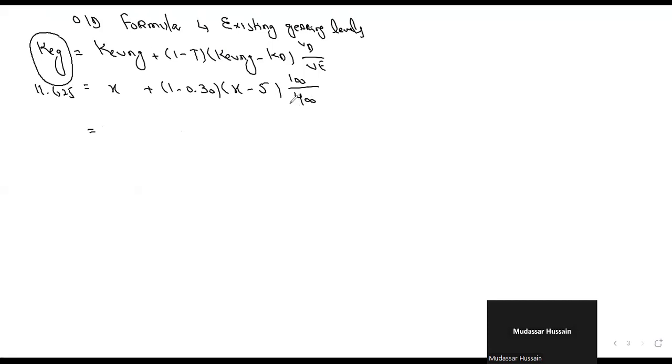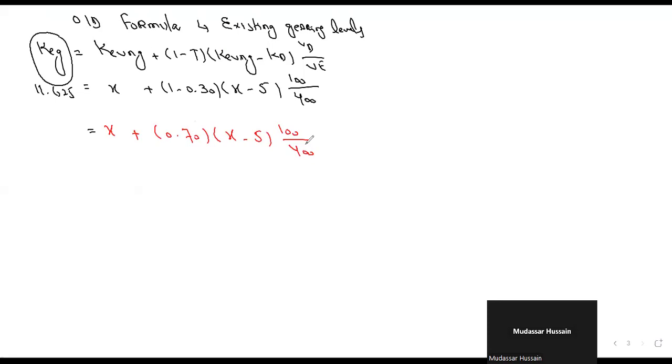When we solve, we can say that x, this will be 0.70 x minus 5 into 100 over 400.